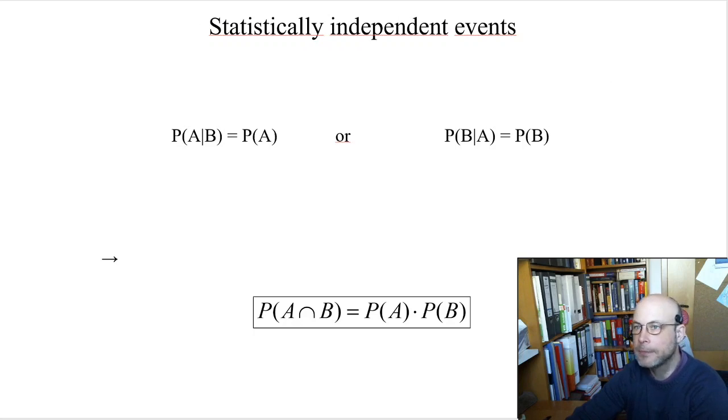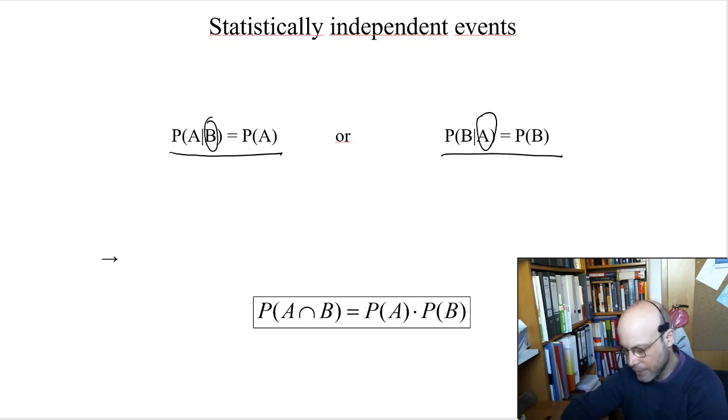Okay, then if we have independent events, it doesn't matter if something else happens, and this just means that P of A conditional B equals P of A, and P of B conditional A equals the probability of B itself.